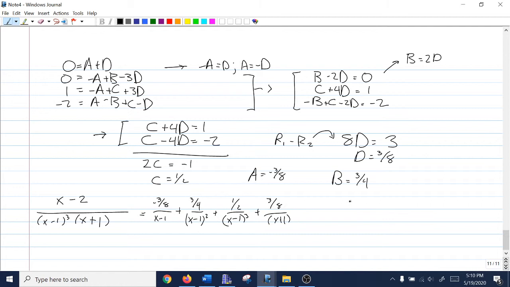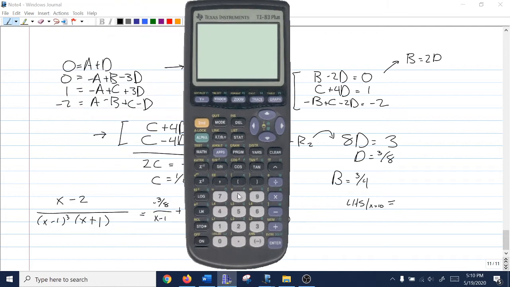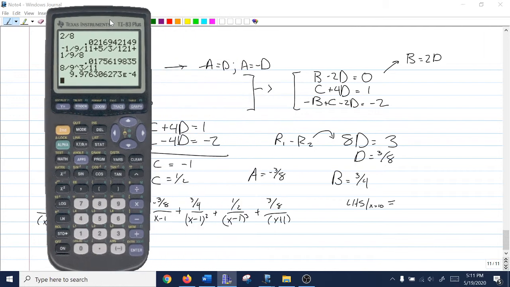Let's evaluate the left-hand side at x equals 10. That gives me 8 over (10 minus 1) cubed, which is 9 cubed, and I'm also dividing by 11. That's a very small number.